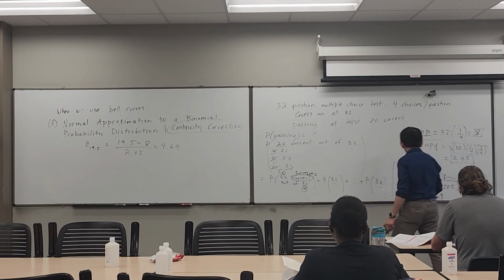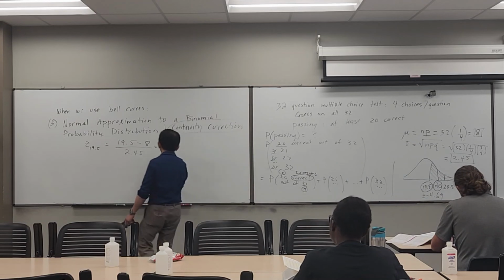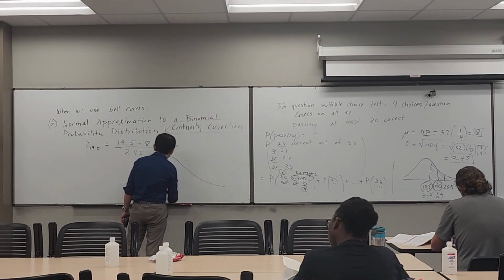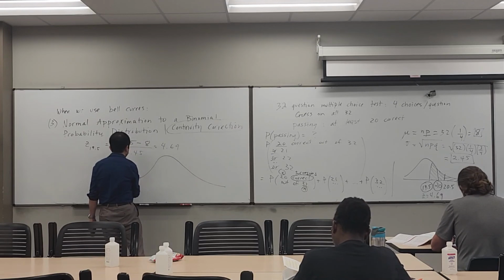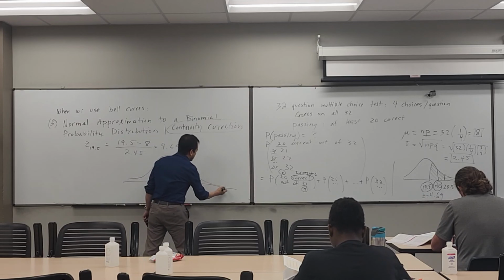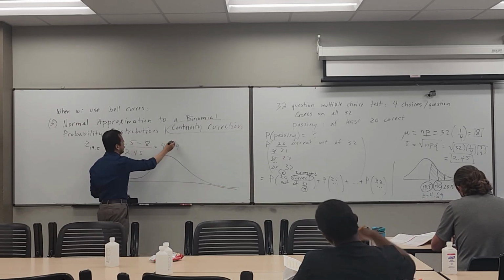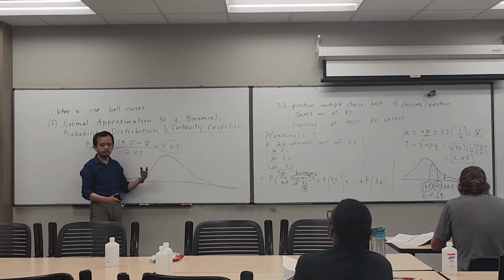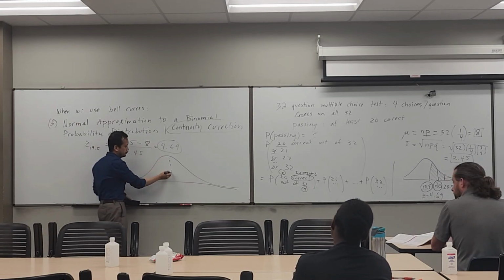But this is actually not drawn to scale. Let me draw it closer to scale. So the data point having a z-score of 4.69 means that it's 4.69 standard deviations away from the mean. So the mean is where this peak is.